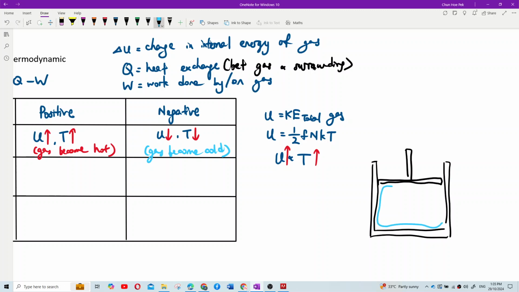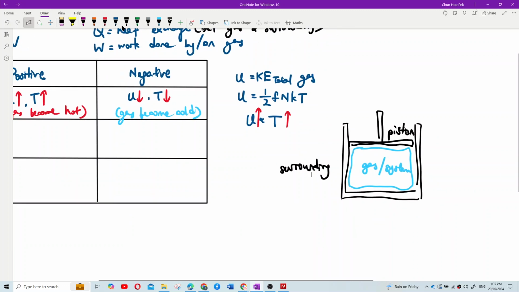The gas is called the system, and then this is the piston, and outside is the surrounding.